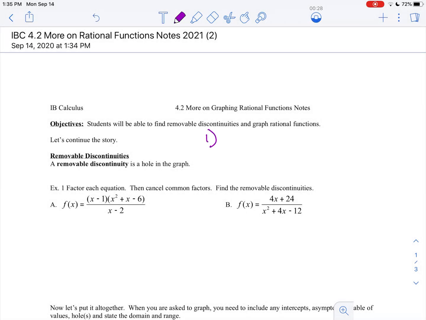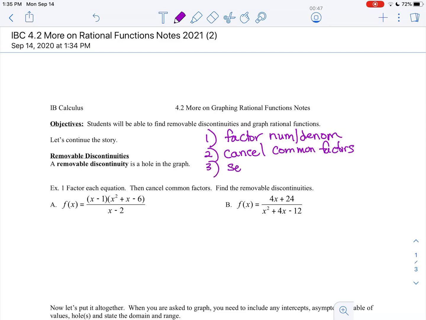So step one is you're going to factor the numerator and denominator. Okay, factor the numerator and denominator. Step two, cancel any common factors. Step three, set the common factor equal to 0.